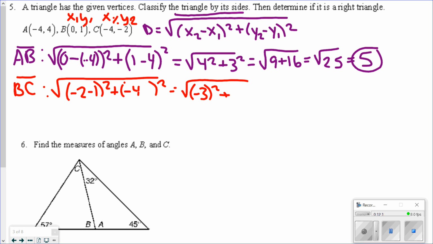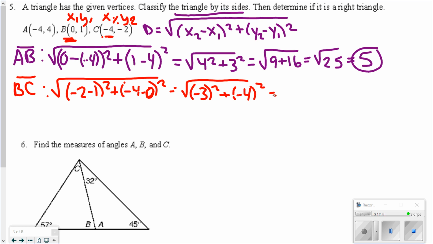I am so sorry again. The x1 is 0. I don't know why I keep looking at this. So this should be 0. So it's negative 4 minus 0. All right, so the first part, the y's were correct. So negative 3 squared plus negative 4 minus 0 is negative 4 squared.